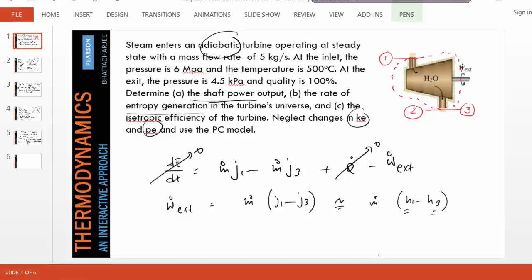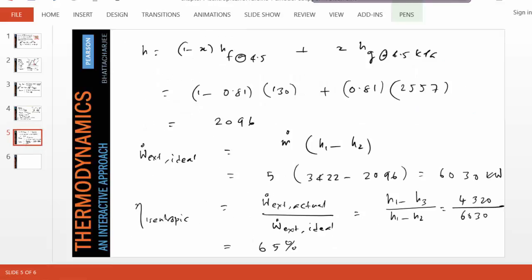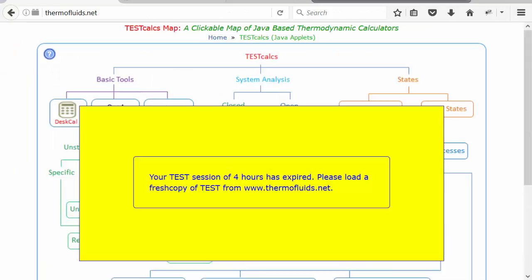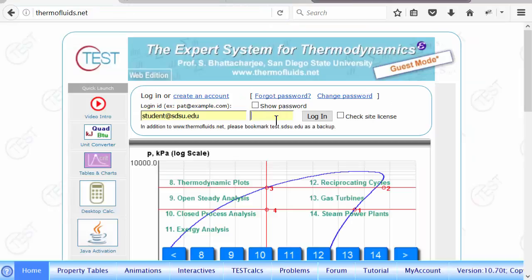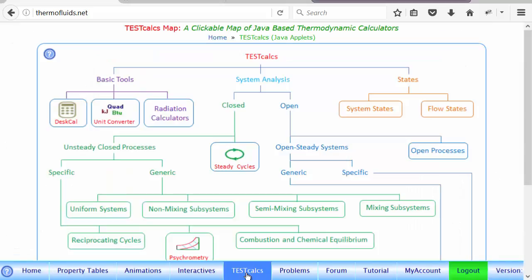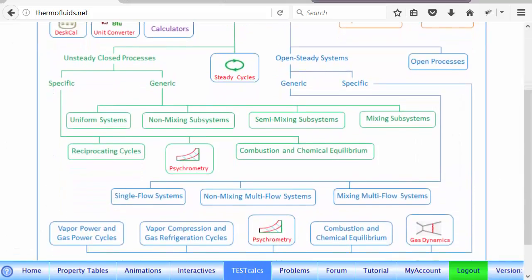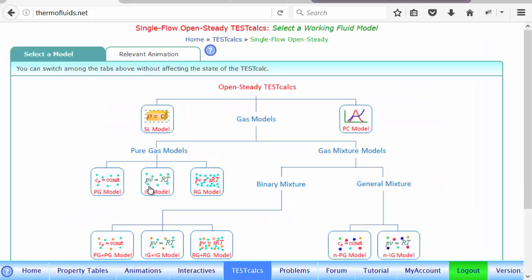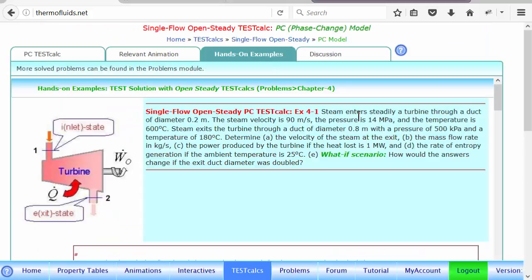Now let's go and verify this answer using TESTcalc. Okay, so I guess we have to log in again. And we'll launch the open generic single flow system PC model.